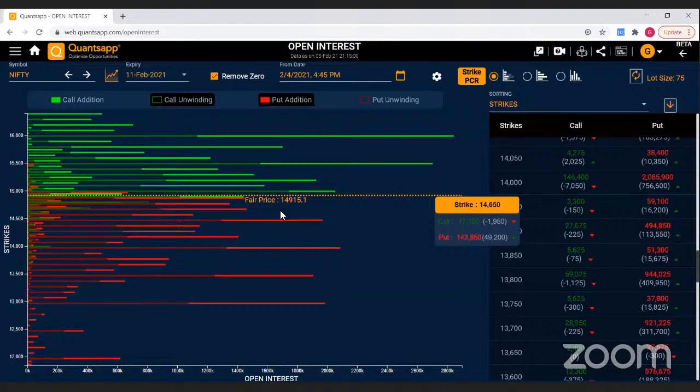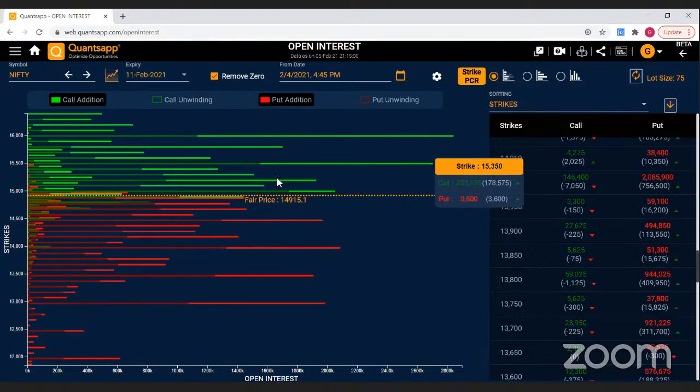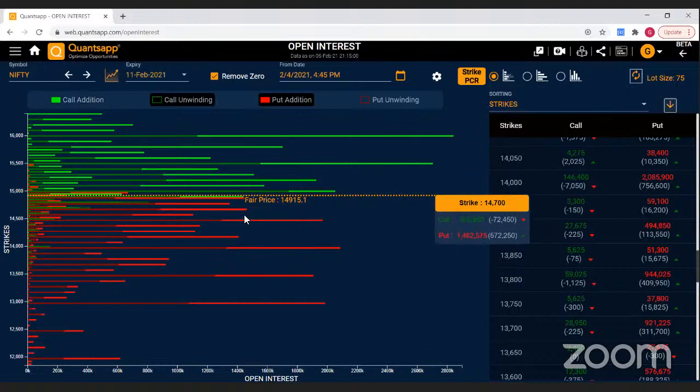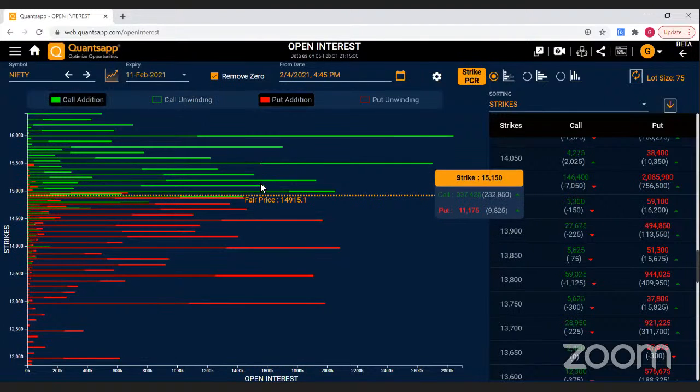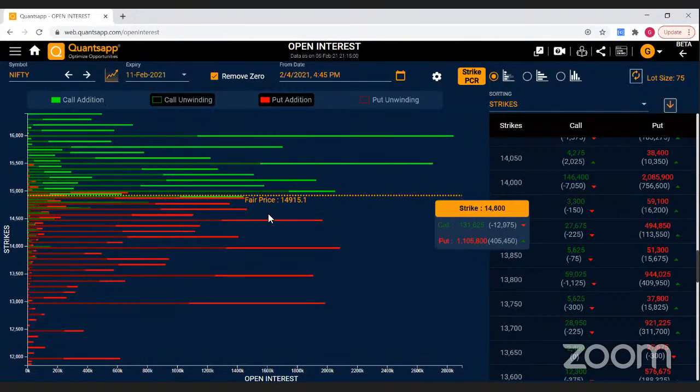That is the point why we look at open interest in terms of writers. The calls are my resistance and the reds, the puts, are the support, because the put writers want prices to go up. That's why we say if the prices fall, below there is a support level.